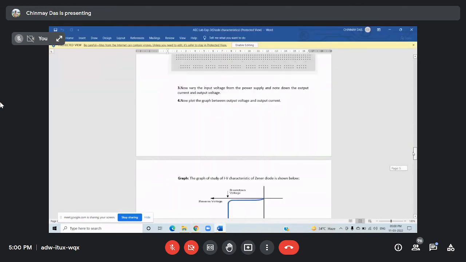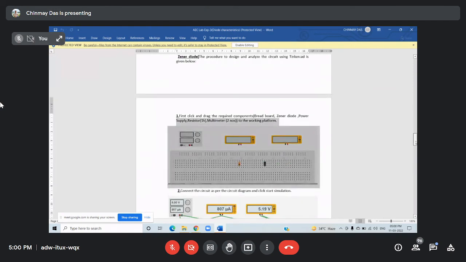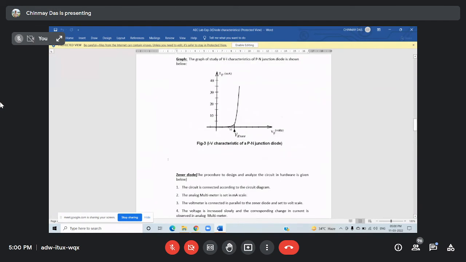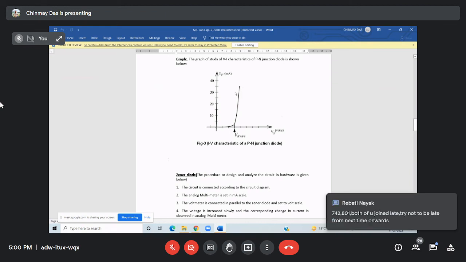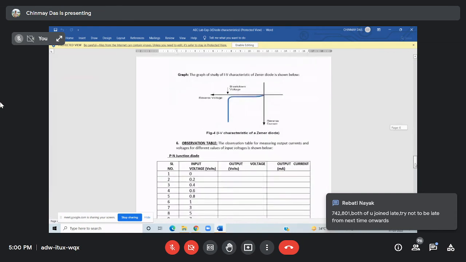If you follow the graph, up to this point there is no current, then slight current is there. At this point there is very little change in voltage but current is increasing. So we are getting output as per the theoretical characteristics.